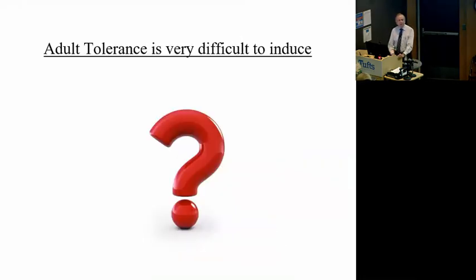Now, guys, adult tolerance is very difficult to induce. In fact, we don't know how to do it. The transplant surgeons are dying for adult tolerance. You see? So, he's going to give me a kidney. How can I make myself tolerant to him so that when the kidney comes, I don't reject it? They've tried all kinds of things. They've tried giving me his white blood cells. That makes things worse.